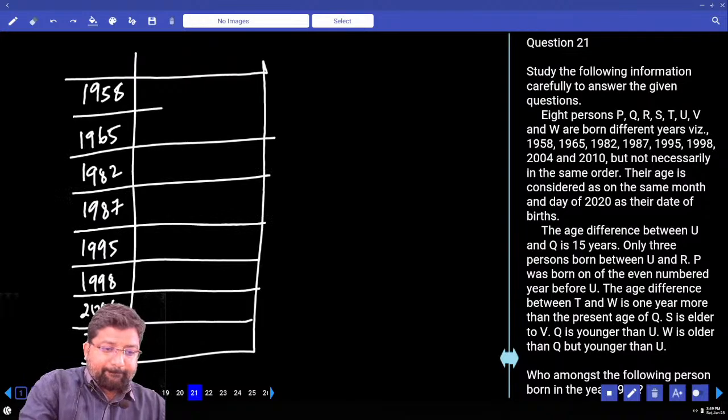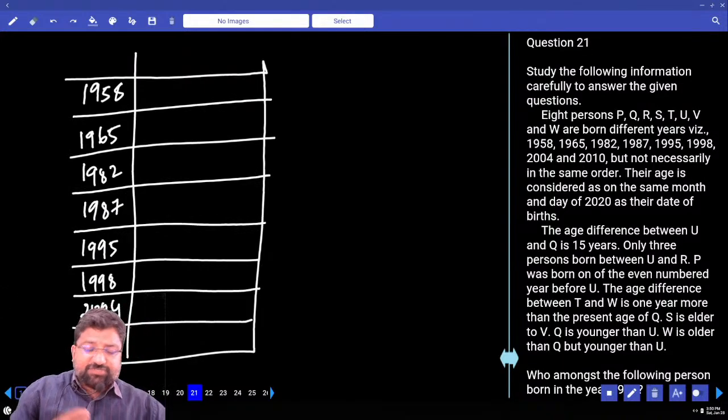Whenever you come across this type of questions, what I suggest is to immediately calculate the ages of all the persons.